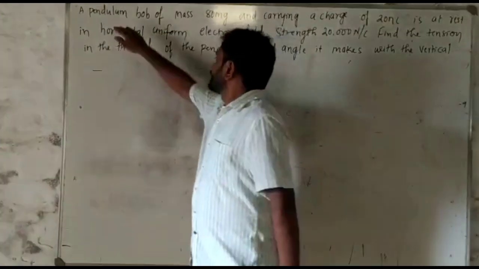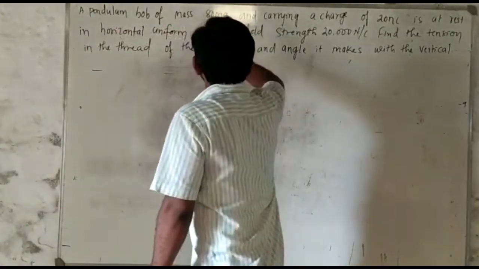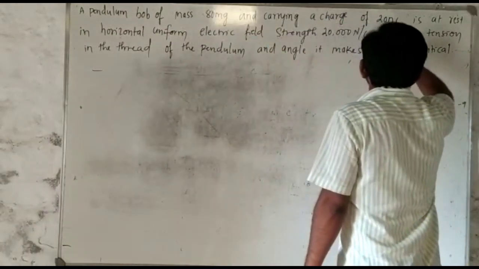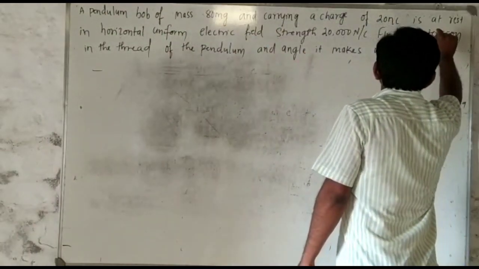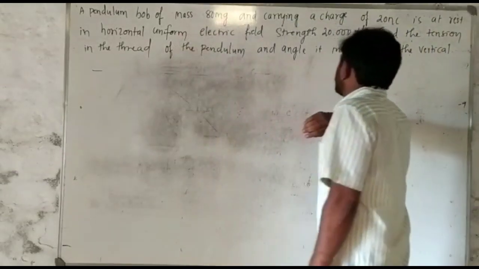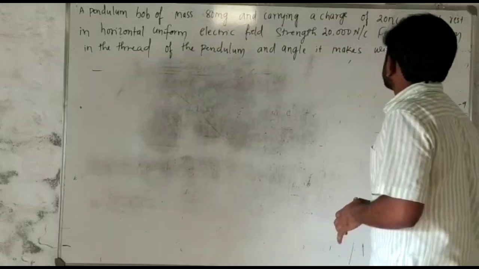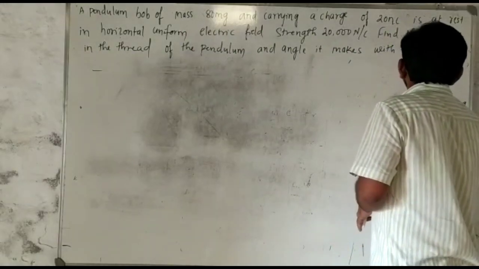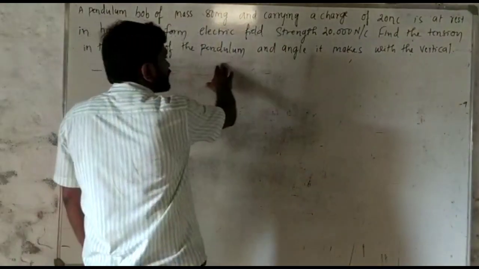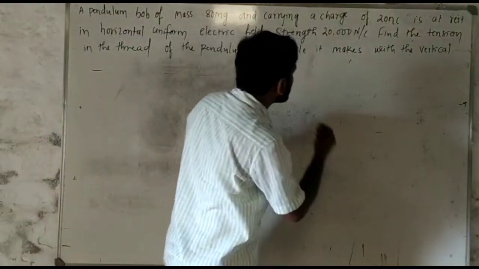Okay. Next one: a pendulum bob of mass 80 milligram and carrying a charge of 20 nanocoulomb is at rest in a horizontal uniform electric field of strength 20,000 Newton per Coulomb. Find the tension in the thread of the pendulum and the angle it makes with the vertical.